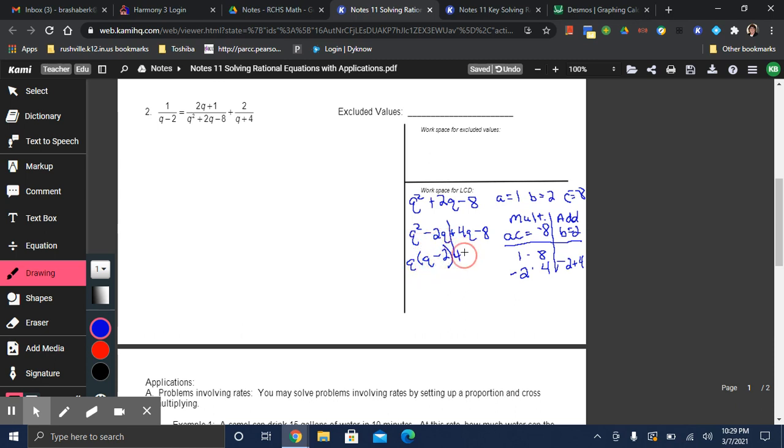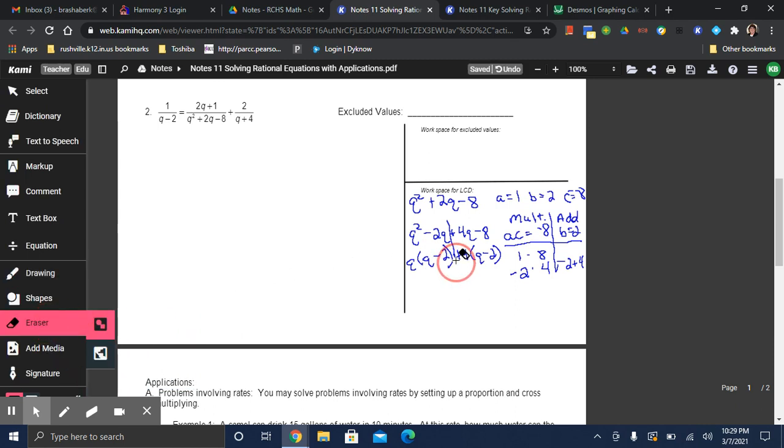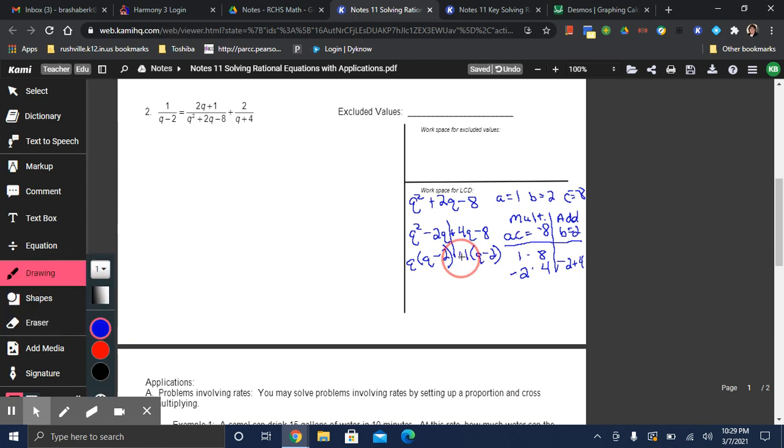If we divide out a 4, we'll also have q minus 2. And then our common factor would be the matching parentheses of q minus 2. And then the other factor would be q plus 4.